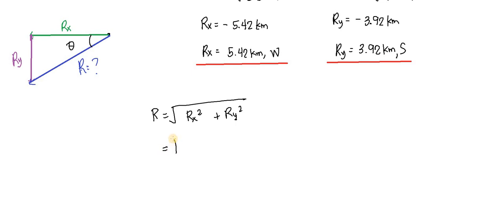That will be equal to the square root of 5.42 kilometers squared plus 3.92 kilometers squared. Compute using your calculator. Answer will be 6.69 kilometers.